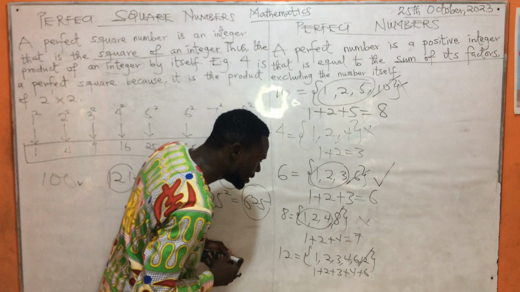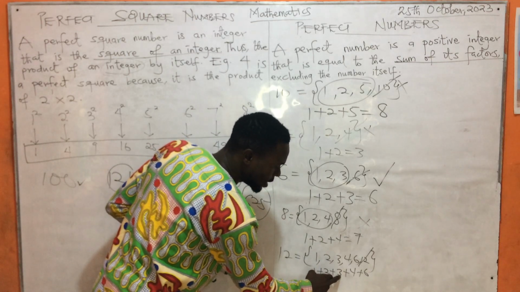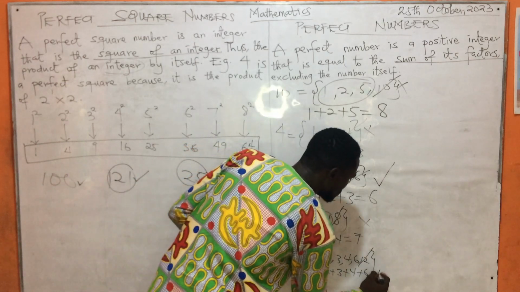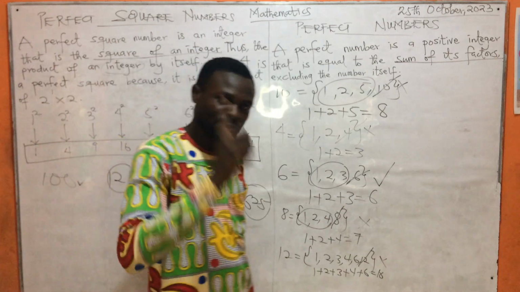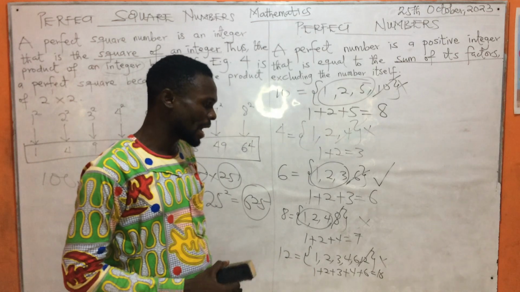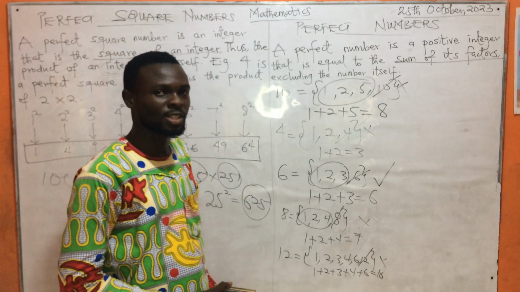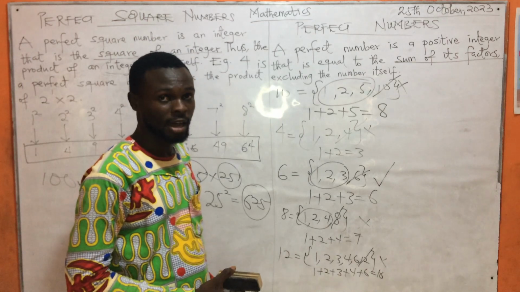So let's add and see. 3, 6, 10, 16. So 12 is also not a perfect number. So if 12 is not a perfect number, then we go to the next number.